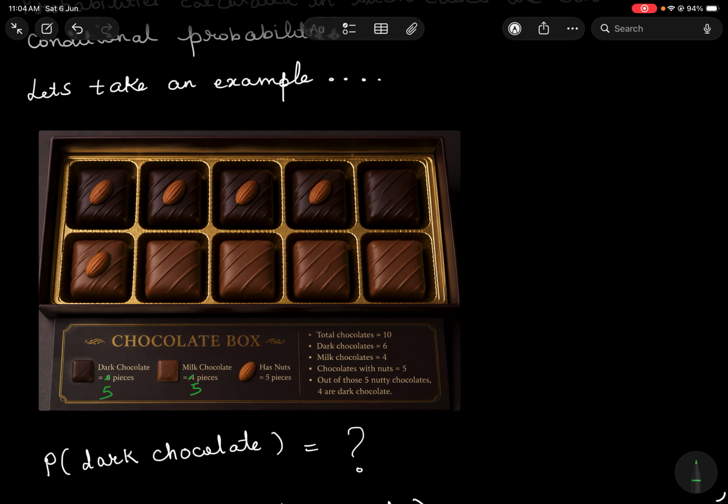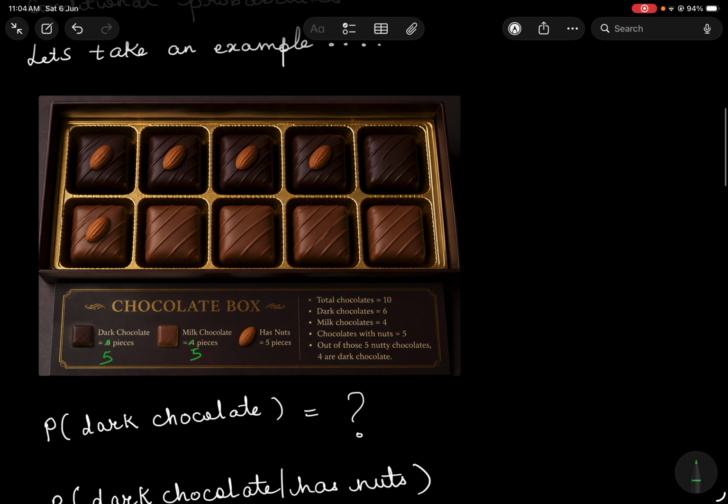And one more thing is that 5 of the chocolates have nuts. You can see the almond on top of it, and 4 of the dark chocolates have nuts, and 1 of the milk chocolate has nuts. So we can say that there are total 10 chocolates. 5 are dark, 5 are milk, and 5 have nuts. And out of those 5 which have nuts, 4 are dark chocolates and 1 is a milk chocolate.